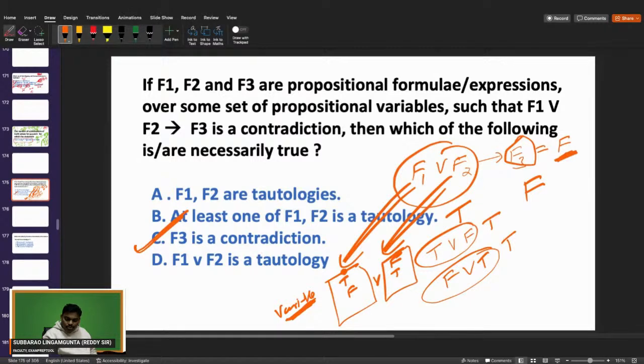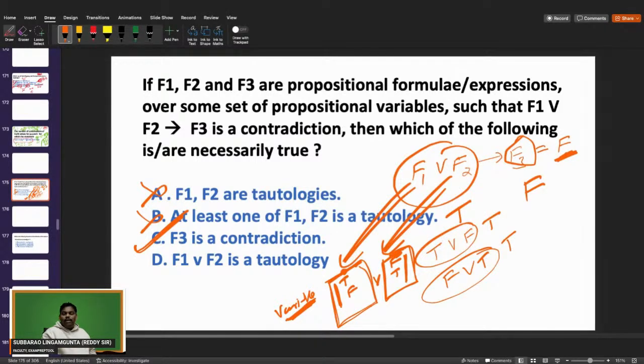If you observe clearly, total F1 is not true, and total F2 is not true. Understand this. You cannot say F1 is a tautology. You cannot say F2 is a tautology. You cannot say at least one of F1, F2 is a tautology. F1 is a combination of true, false. F2 is also a combination of true, false. So this is also wrong.